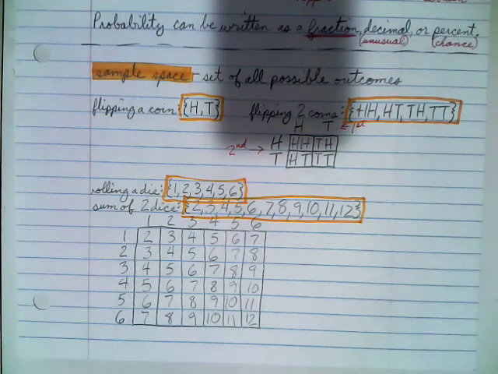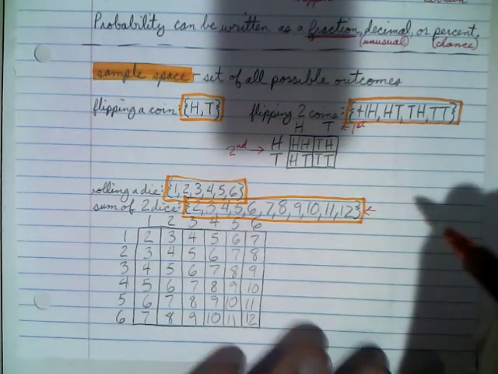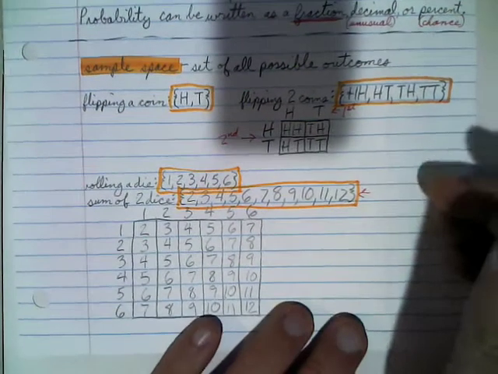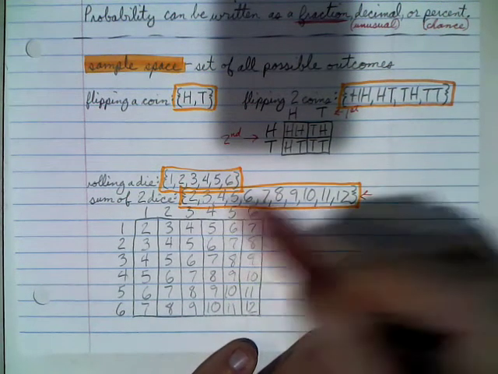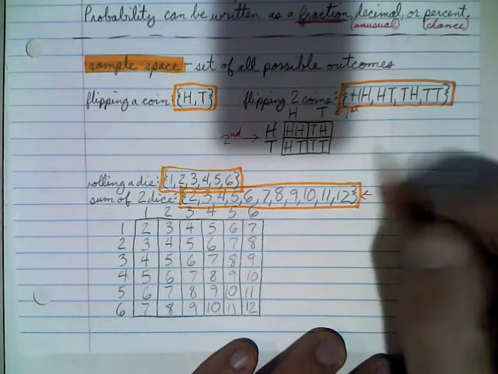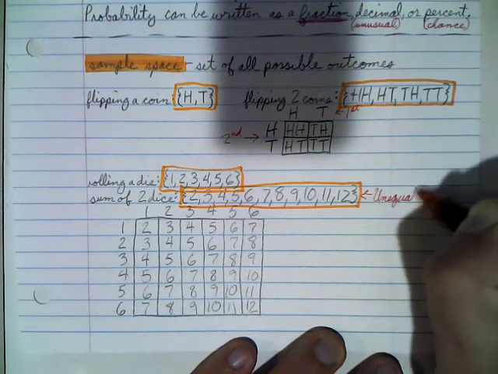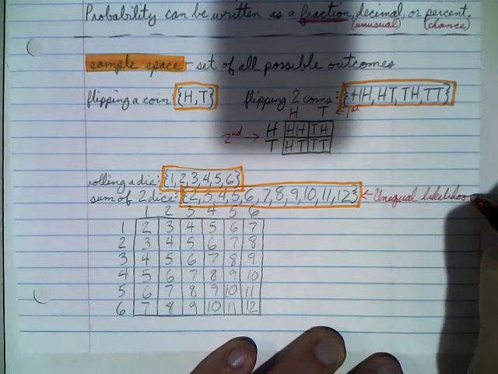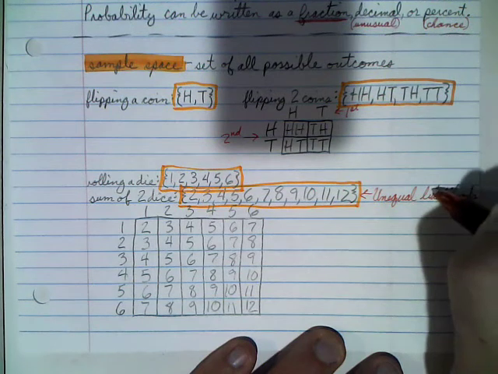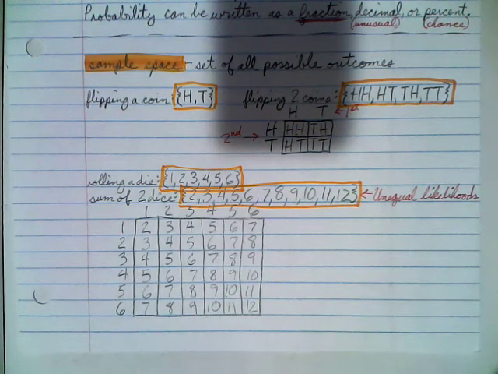Now, while this is a sample space, there's a little bit of a problem with this sample space. The benefit of it is it's nice and short to write. So all my possibilities are 2 through 12. But the trouble with it is these are unequal likelihoods.